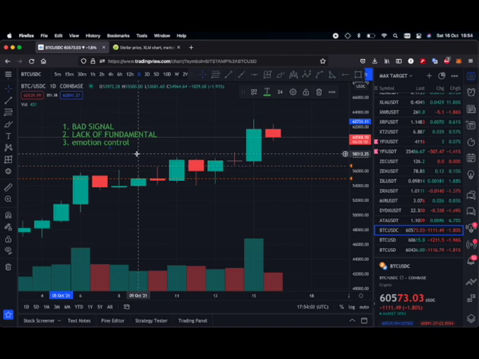So the lack of fundamentals is news. It can be data, it can be a leak, it can be whatsoever. But something you have to pay attention to when it comes to fundamentals is that news is very effective. It doesn't have to be negative or positive. If the news is positive, it's surely going to affect the market in a good way. If the news is negative, it's surely going to affect the market in a bad way.